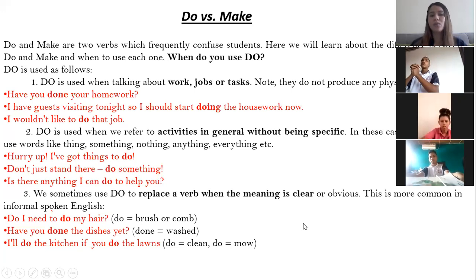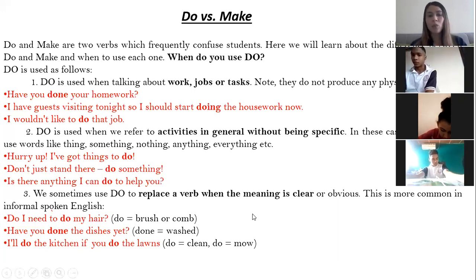We sometimes use do to replace a verb when the meaning is clear or obvious. This is more common in informal spoken English. Do I need to do my hair?